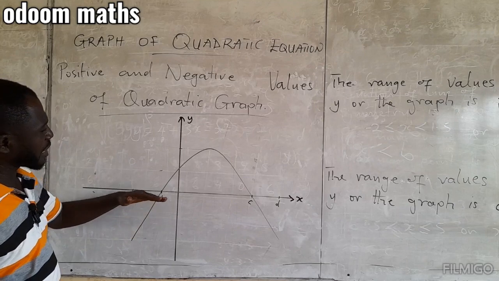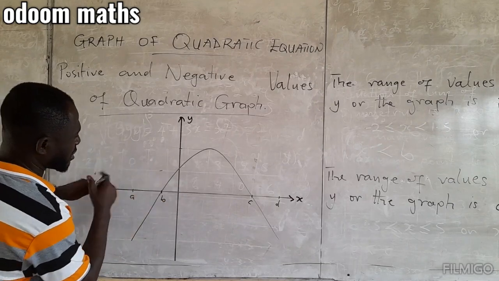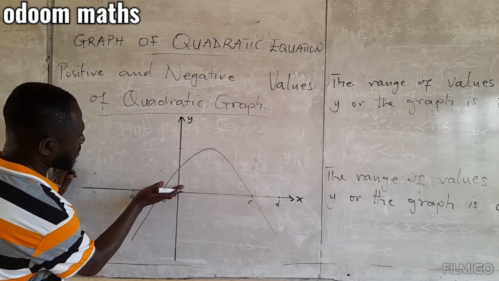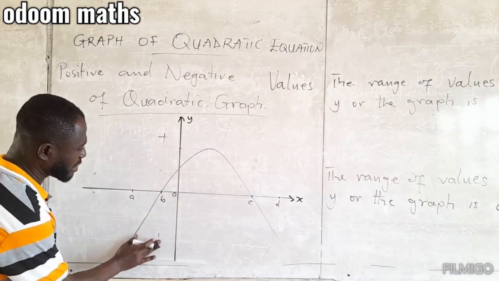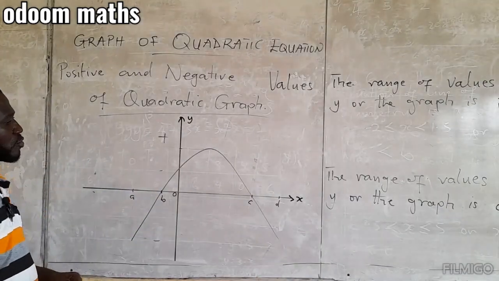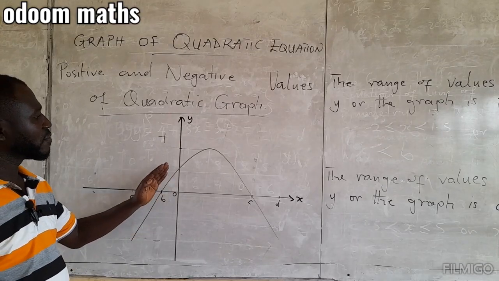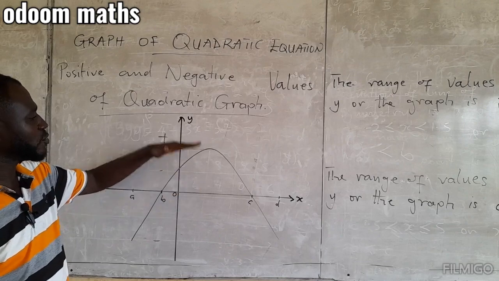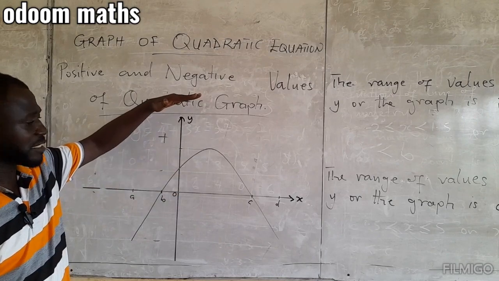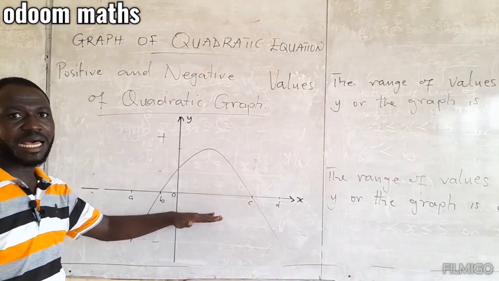So when we look at this graph, this is our 0. Up here, y values are positive. Then down here, y values are negative. So when you talk of the negative or the positive values, we mean the y values above the x-axis are positive. Those below, y values are negative.